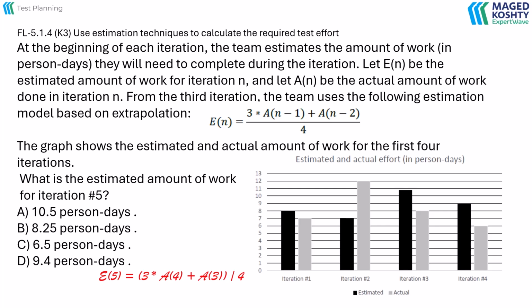This means we give extra weight to the actual effort of the previous iteration. The actual effort is the light gray bar for each iteration. So the effort of iteration 5 equals 3 multiplied by 6 plus 8 equals 26, divided by 4 equals 6.5, which makes option C the correct answer.